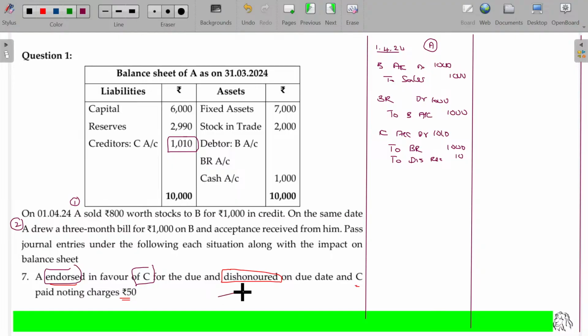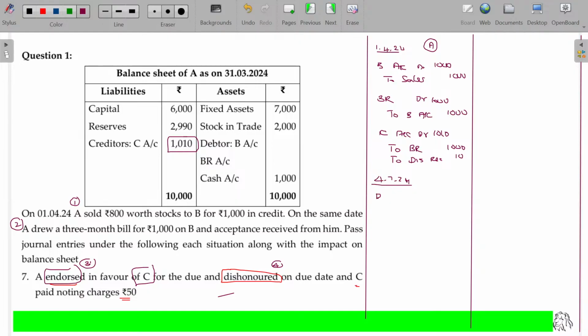On maturity date, it got dishonored. This is the fourth one. The maturity date being 4/7/24: 3 months later, with 3 grace days added. Now here, as it is dishonored, the entry is reversed.